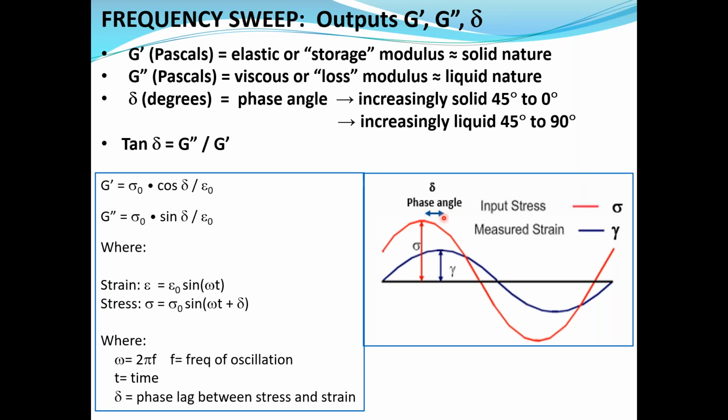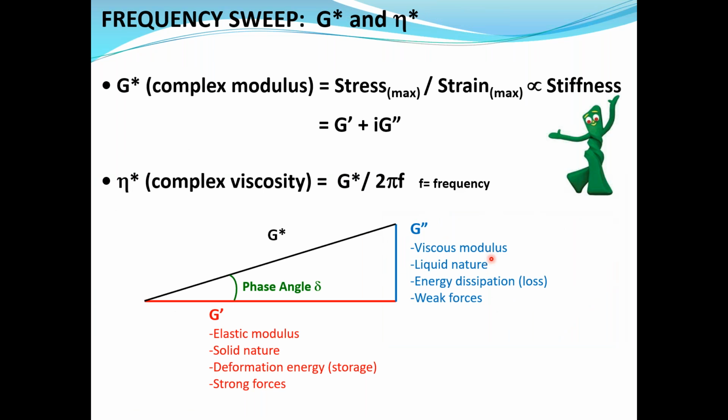You can see that there is a delay in the phase, and that is the phase angle. A perfect solid will have a zero phase angle, and so these will perfectly align. A perfect liquid will be 90 degrees out of phase. And I am not going to go through the math. This is not the intent of this webinar.